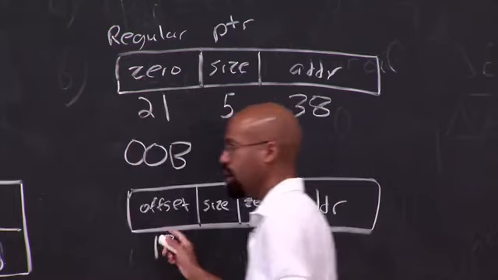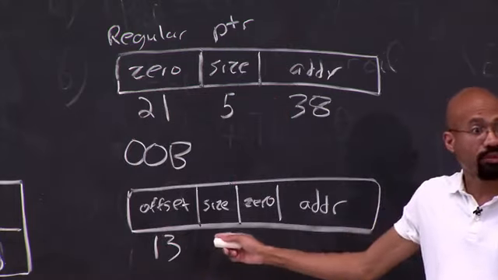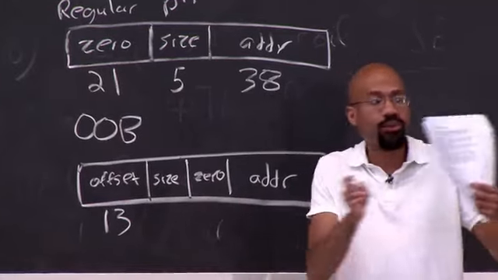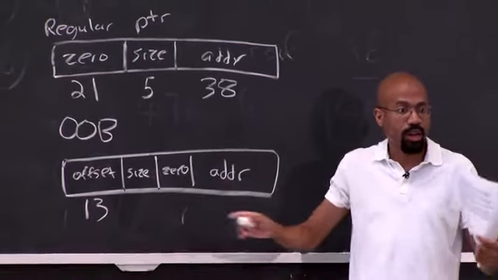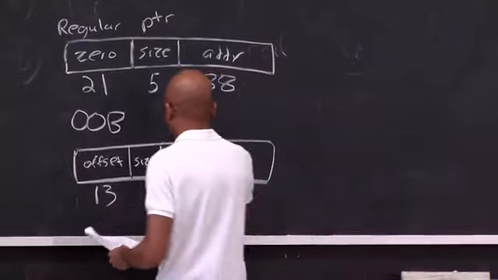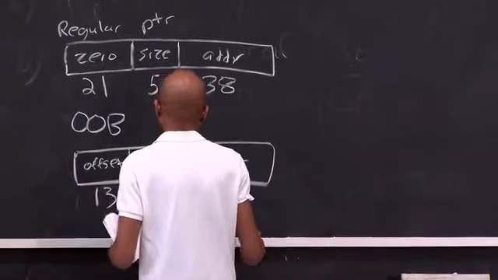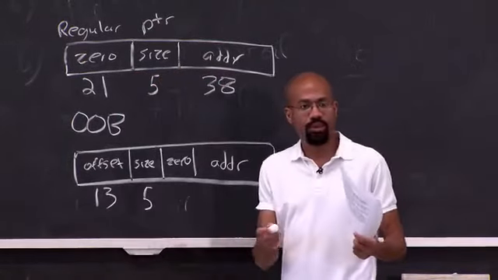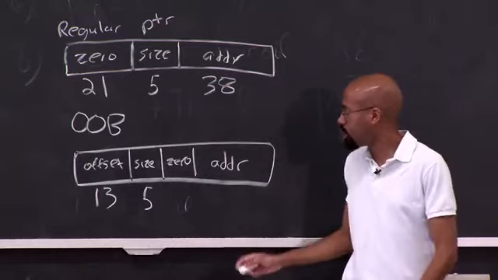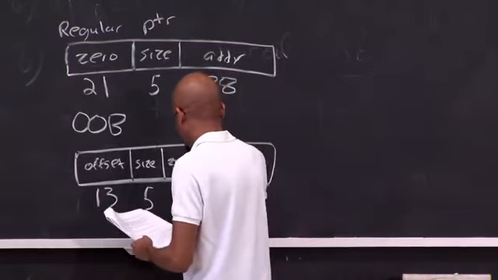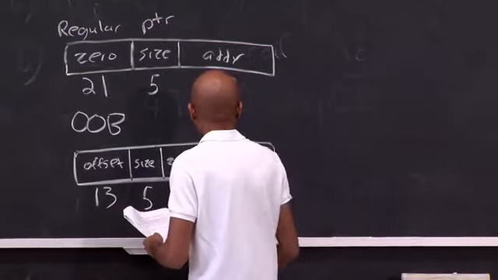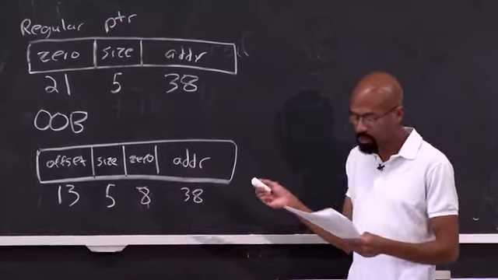So we can have 13 bits here for the offset, the out-of-bounds offset. How far away is this out-of-bounds pointer from the place where it should be? And then once again, we can put the actual size of the referent object here. This will be 0 once again, and then this will be the real address space.